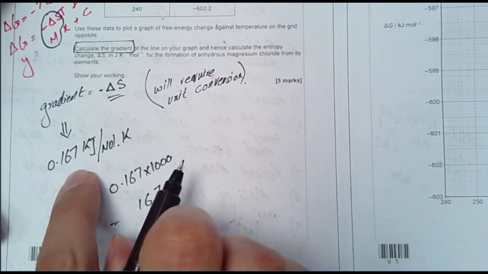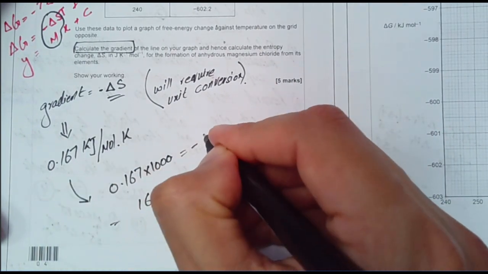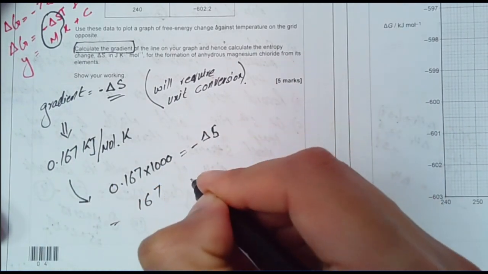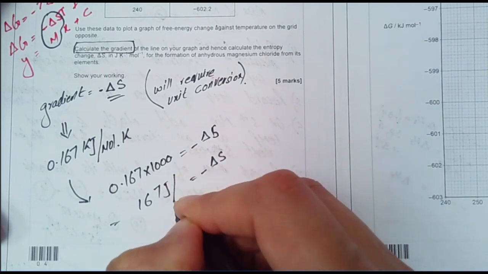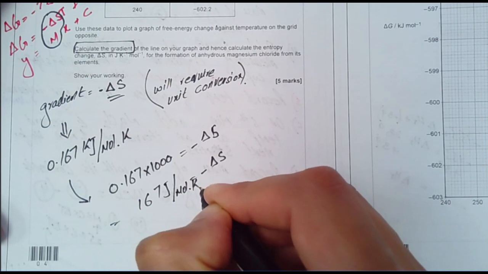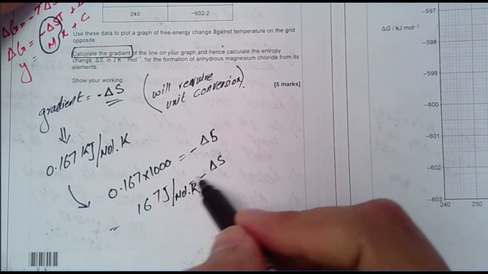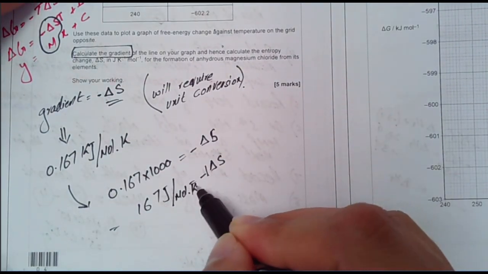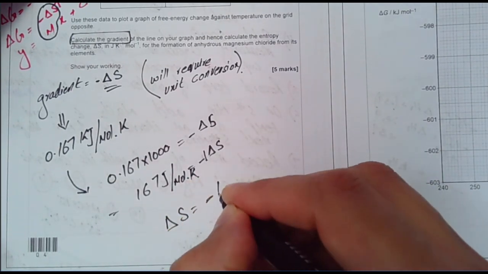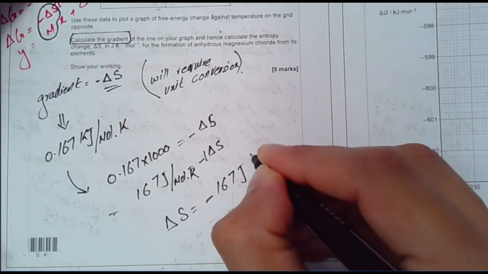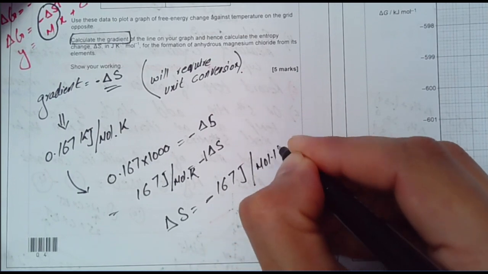Now remember, this is my gradient, so this will be equal to minus delta S. So minus delta S will be 167 joules per mole Kelvin. But I can then divide both sides by minus 1, and delta S will be minus 167 joules per mole Kelvin.